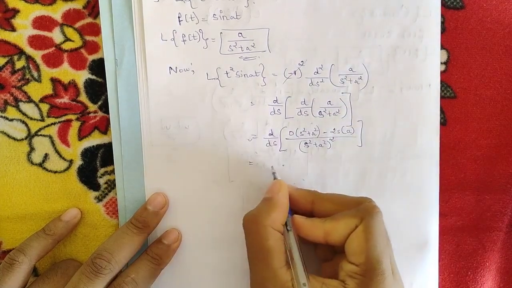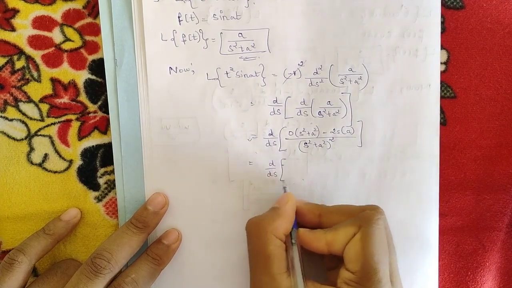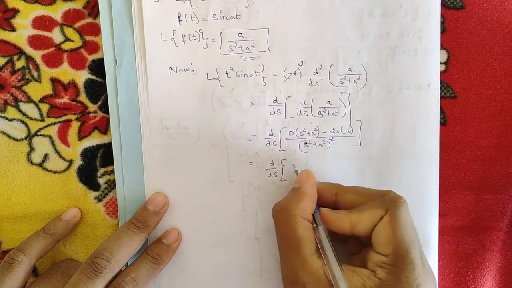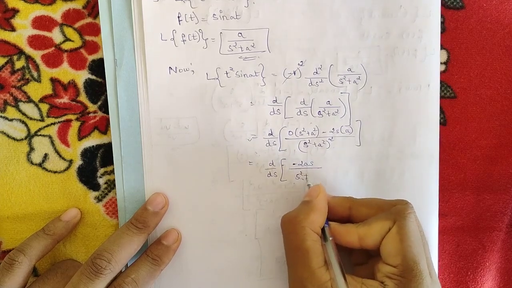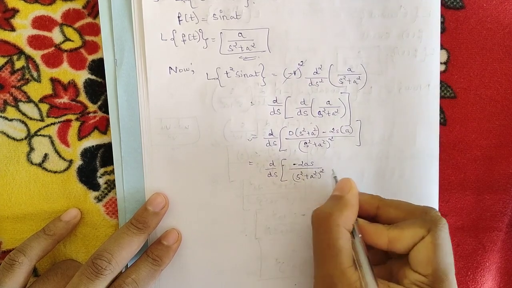So what we are getting here, 0 into anything is 0, so we are left with minus 2as divided by (s square plus a square) the whole square.